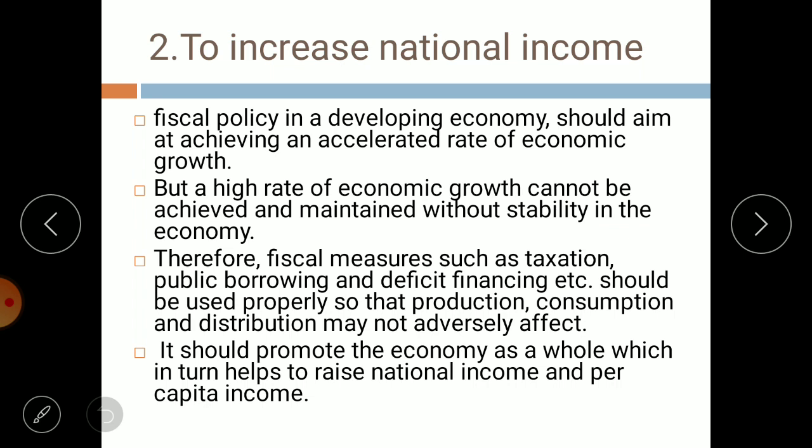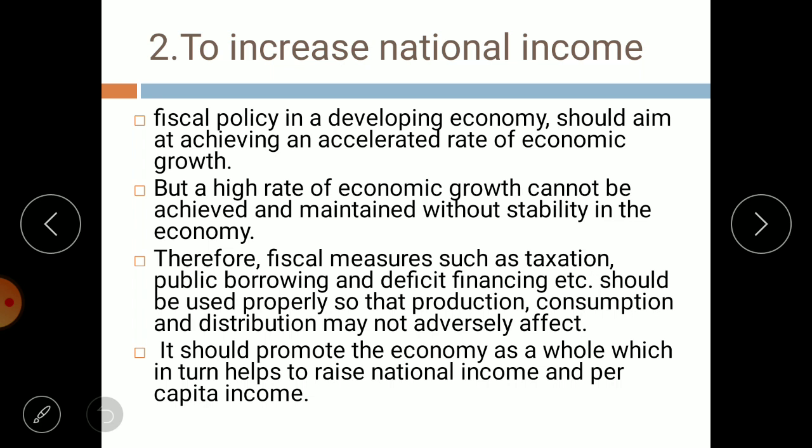So these three tools should be used in such a way that they improve the situation of the economy. They should not make it unfavorable for the people. They should promote the economy as a whole, which in turn helps to raise national income and per capita income. The basic motive is to increase the national income, but national income is not a correct figure to depict the growth of an economy, because an increase in national income may not necessarily mean an increase in per capita income.